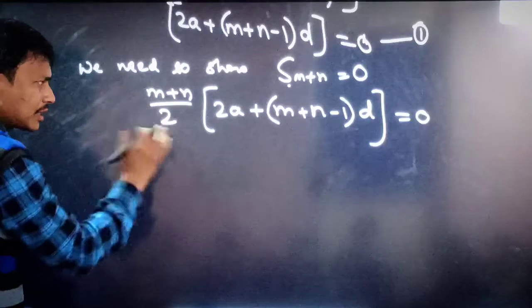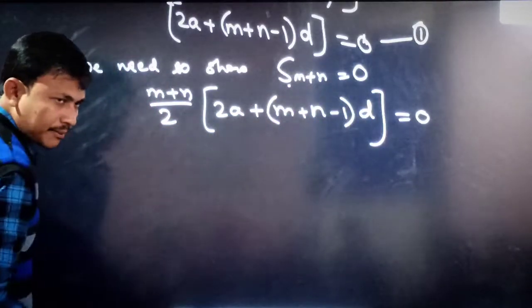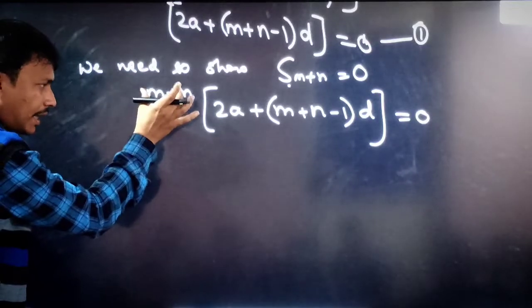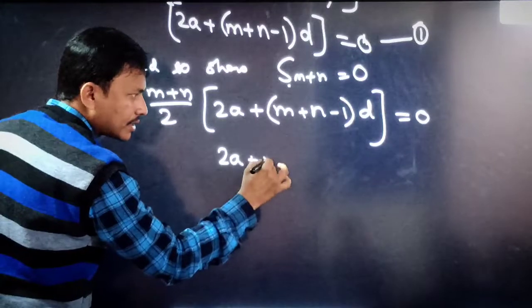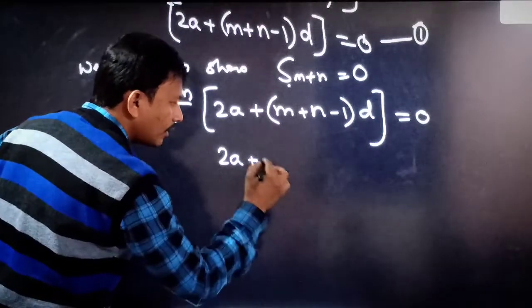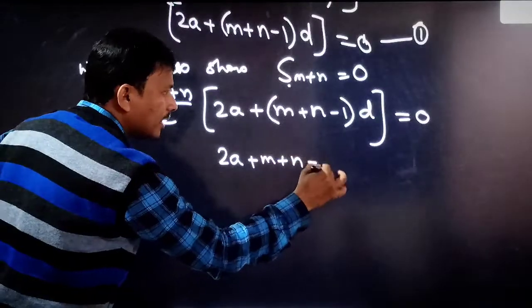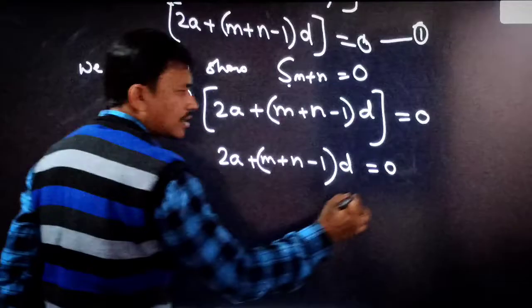This whole thing divided by 2 becomes multiplication, and 0 comes. Again we get 2a plus m plus n minus 1 into d is equal to 0. Equation number 2.